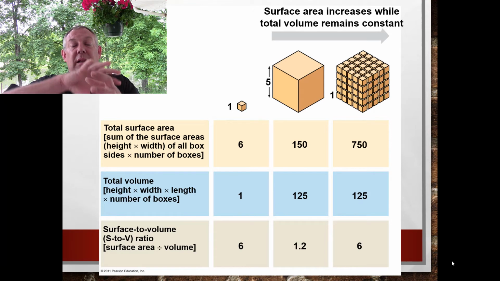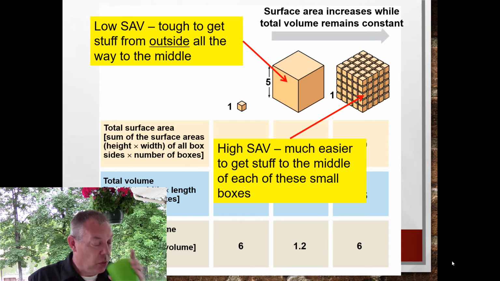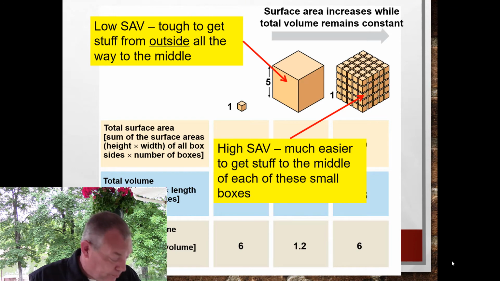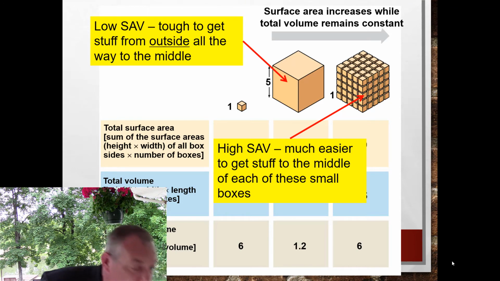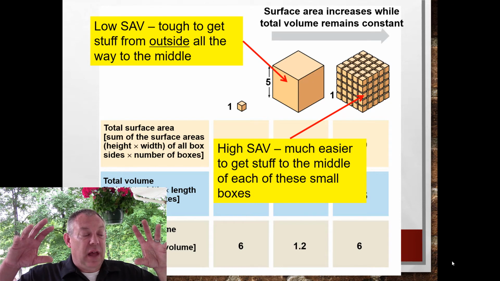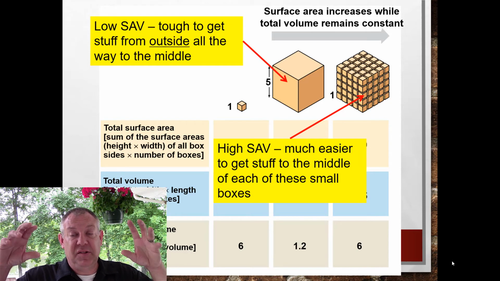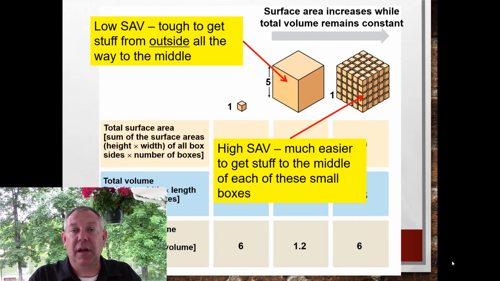So you need a lot of area to get things in, but once they get in, you don't want them to have to travel very far. And so you need a small volume. So you need a high surface area relative to the volume. And so that's kind of what I'm saying here. With a low surface area to volume ratio, it's tough to get things all the way from outside the cell all the way to the middle of the cell.